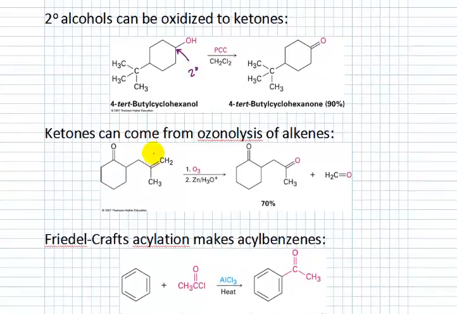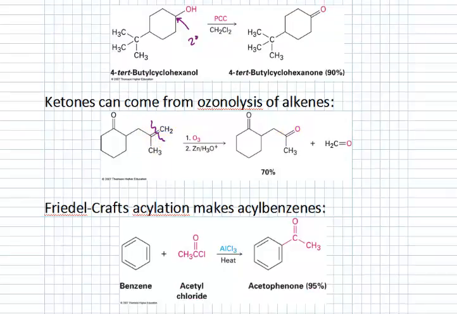Like we said before, we can do ozonolysis of an alkene. Any that had 2 R groups attached to them will become ketones. We did Friedel-Crafts acylation in the EAS chapter. Remember, the aluminum chloride makes this acid chloride into a stabilized carbocation, CH3C+=O.